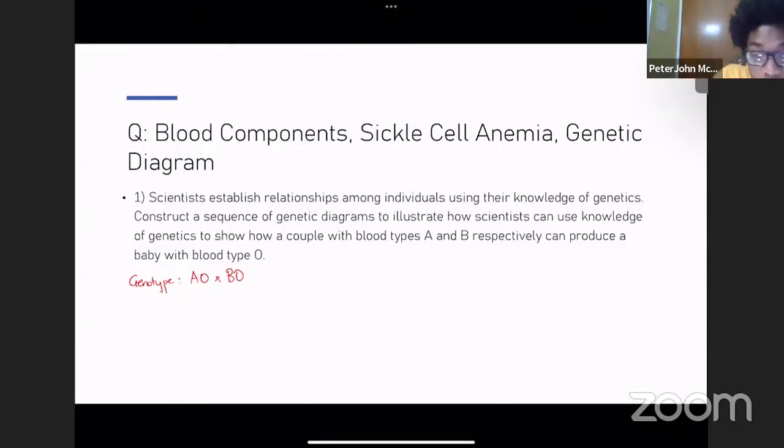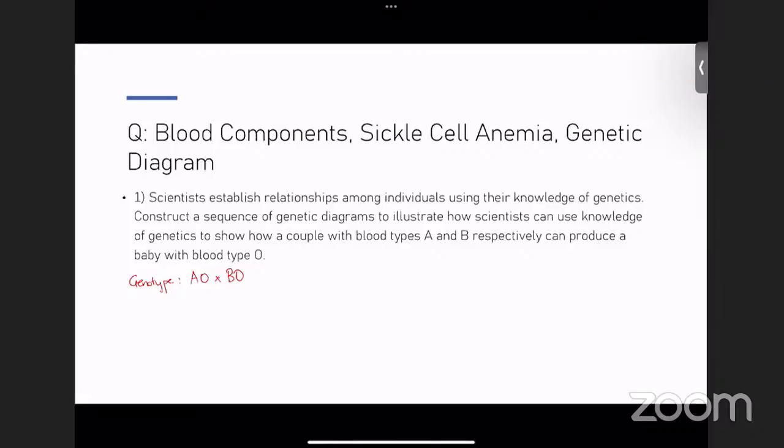This is how I want you guys to write your genotypes. I want you to do it the way I do it, because I think I do it kind of methodically, so you're not going to miss out on any steps. If you're not sure how to do this, just pay attention. So what's the next thing I'm going to do?